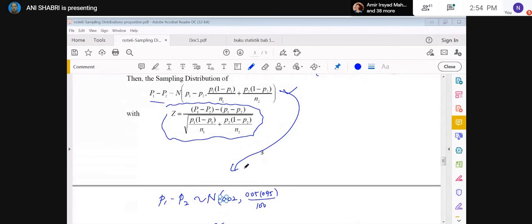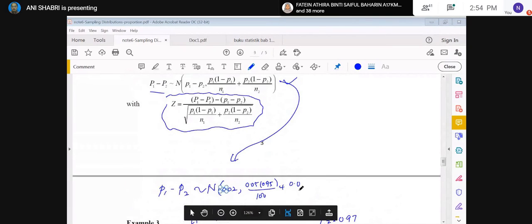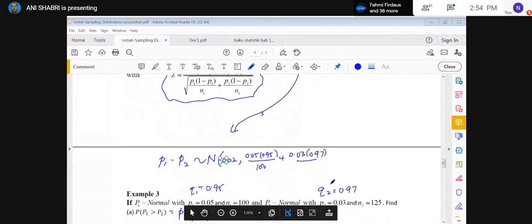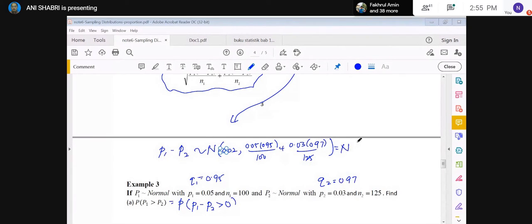Okay, ini sama. Lepas tu plus 0.03 times Q2 0.97 divided by N2. N2 is 125. Okay, cuba ringkaskan to try summarize for this one. Okay, berapa nilai dia?